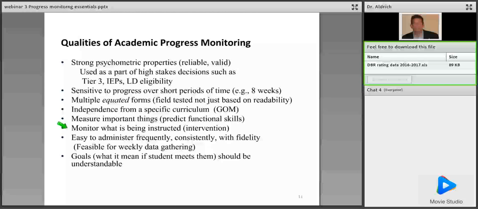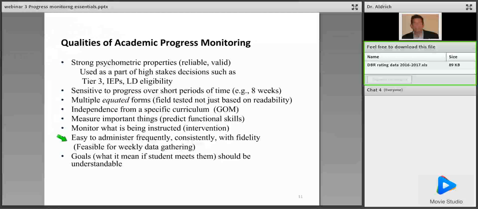The same goes for a very strong phonics or phonemic awareness intervention. You might look at a reading assessment or passage assessment as a general outcome measure, but make sure that they're reading some connected text if you're doing that. Your monitoring has to map on to what's being instructed, the intervention that you're monitoring.